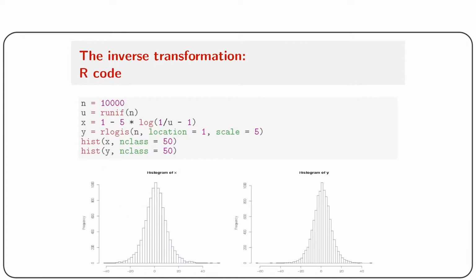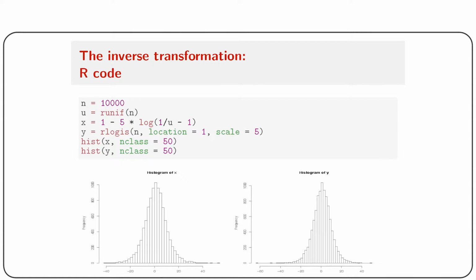Let's see how it needs to be generated in R. First we set n equals 10,000, u equals runif(n), that will generate 10,000 random uniform variates, and x equals, I'll use the same transformation formula that I have shown in the previous slide, 1 minus 5 into log (1 by u minus 1), and y equals rlogis(n, location equals 1 and scale equals 5).